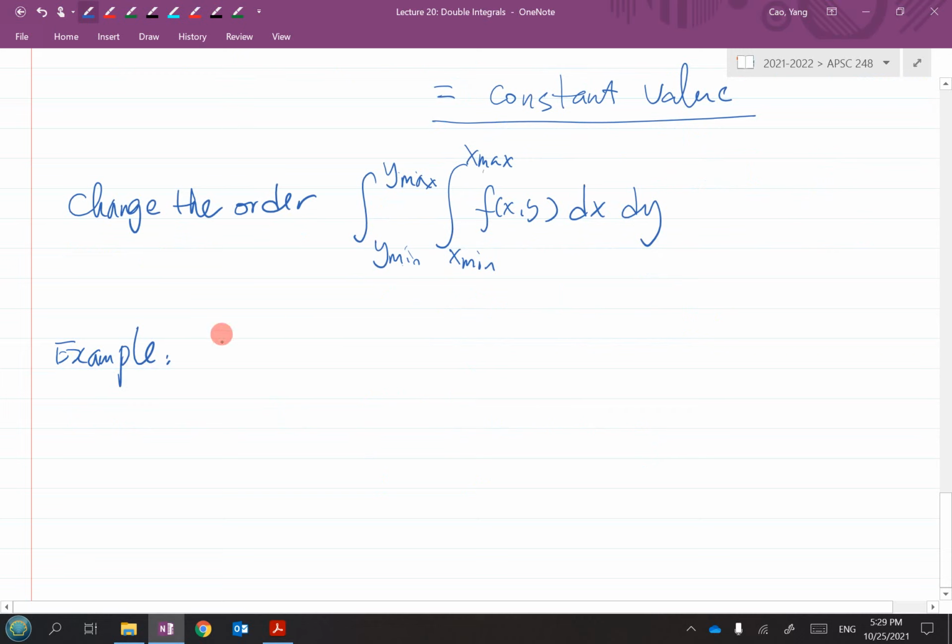So let's take a look at a simple example here. Let's suppose I have a surface z equal to f of x, y equal to 4 minus x minus y.